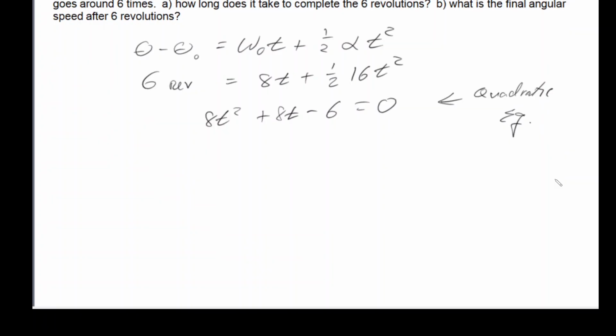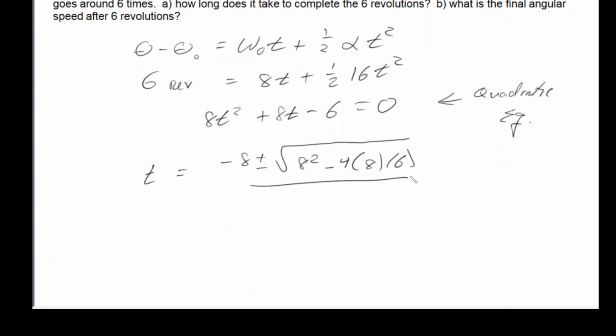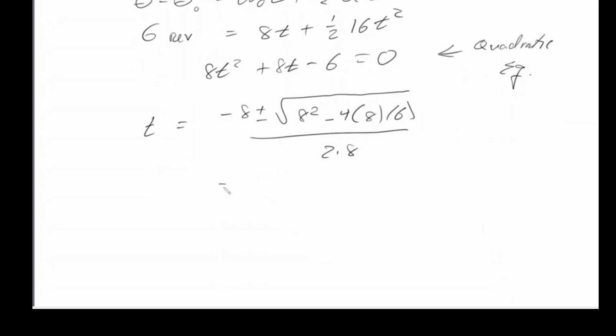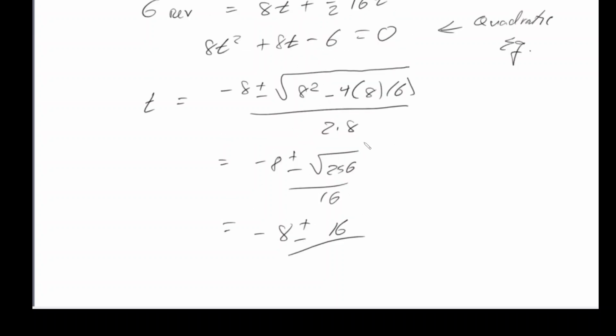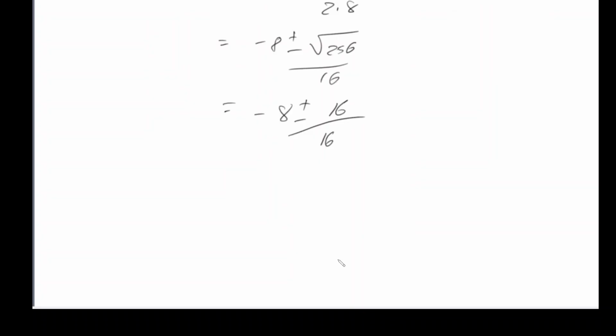So if we put it in the quadratic formula, t is equal to minus 8 plus or minus the square root of 8 squared minus 4ac, over 2 times 8, which equals minus 8 plus or minus the square root of 256 over 16, which equals minus 8 plus or minus 16 over 16, which gives us 2 answers.